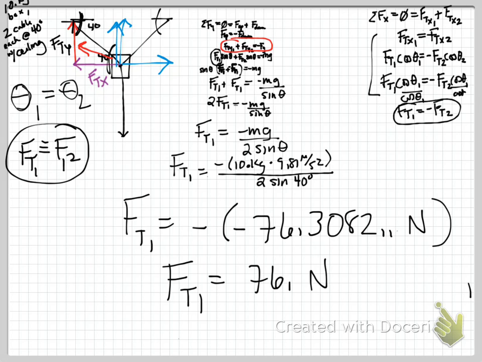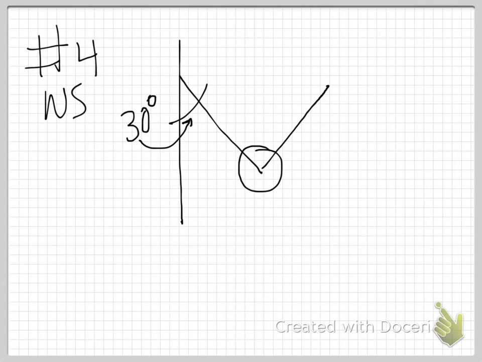Okay. This should allow you to do number 4 really easily. So go ahead and do number 4. And then when you get to number 5, I'll start giving hints. On number 4, where we have the gorilla hanging, that's where your 30 is. So I wanted to be able to draw that for you, and I'll record this for posterity.